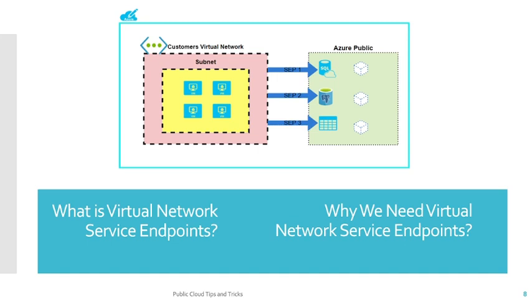It will establish connectivity from your virtual network to your Azure PaaS services over an optimized route. As you know, PaaS services can be hosted outside your virtual network, so to have that connectivity securely, the quickest route to those PaaS services is handled by the service endpoint. That's where we need a service endpoint.